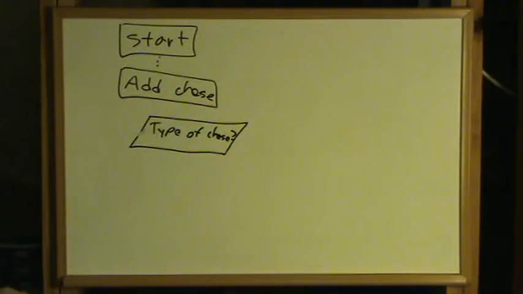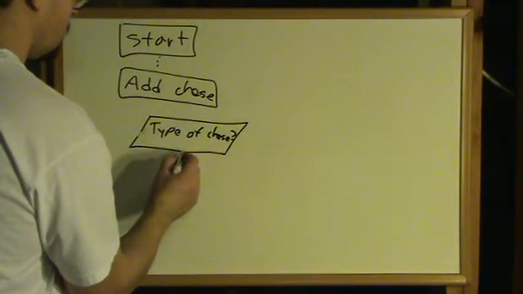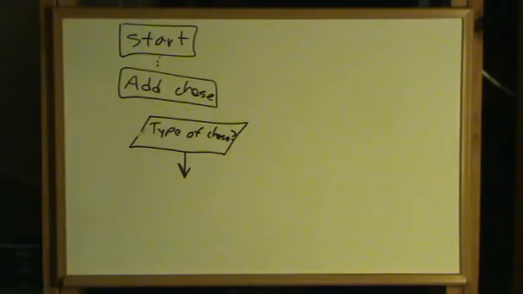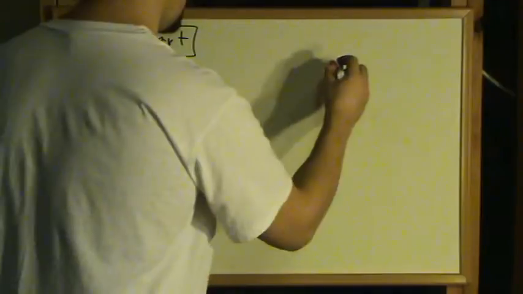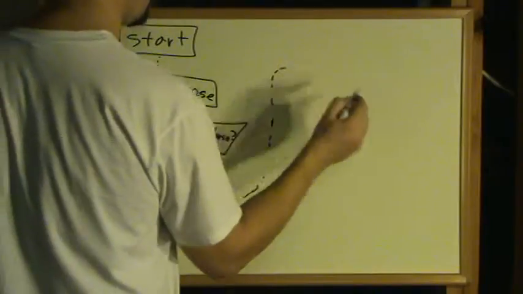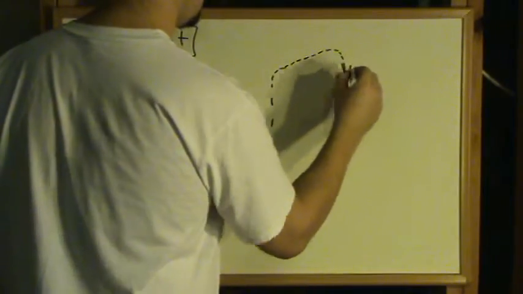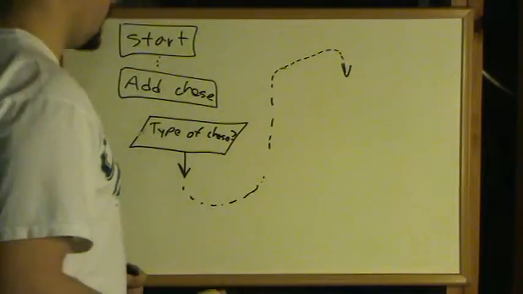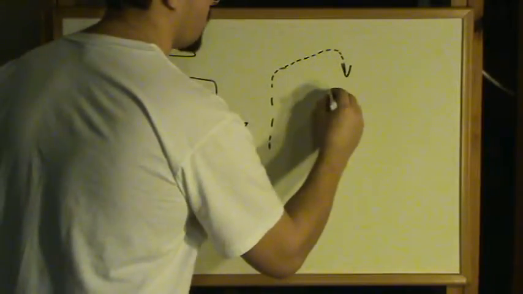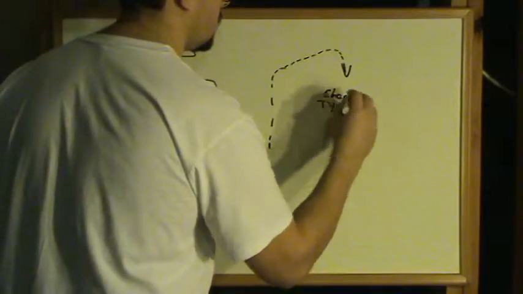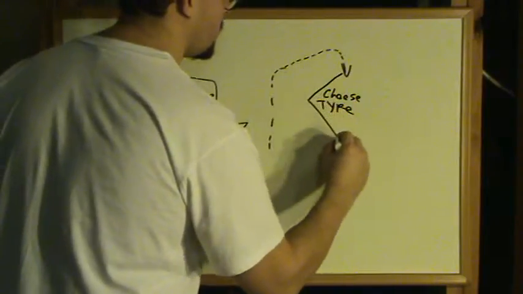Okay? And then the next thing that we can do, so once we get the kind of cheese, I'm going to draw this next part over here. If you run out of room, you can always just go to the right. Now, to make a decision of where we're going to go from here, we use a diamond shape. So we're going to say cheese type, and we put that in a diamond shape.